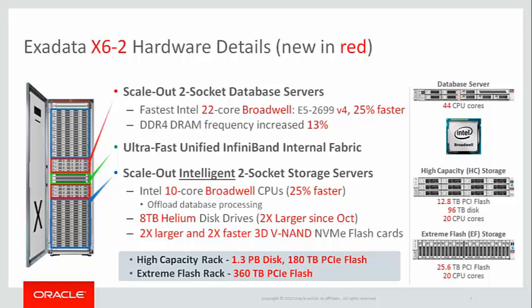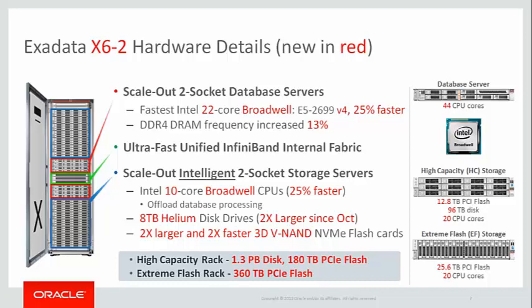When we introduced X5, it had 4 terabyte drives, so we doubled the capacity last October to 8 terabyte, and now with the introduction of X6, we are doubling the amount of flash and making the flash 2 times faster as compared to the previous generation flash that we used in X5. And this X6 uses the 3D VNAND flash technology. We'll take a little deeper look into it in our next slides. But that allows us to offer 2 times larger density and 2 times faster flash.